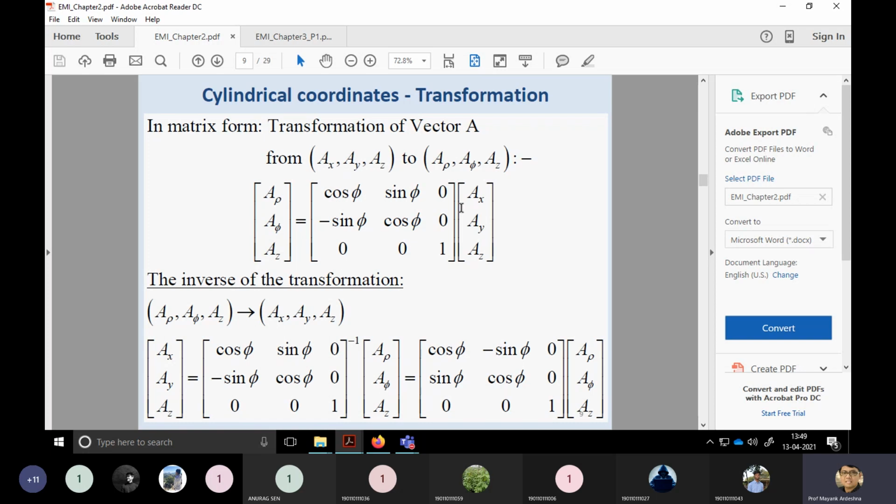Instead of x plus z sine phi, you put x equal to rho cos phi. Clear? Now if I put rho cos phi plus z into sine phi, each and every value is now in the form of rho, phi and z, not a single component in x, y and z.